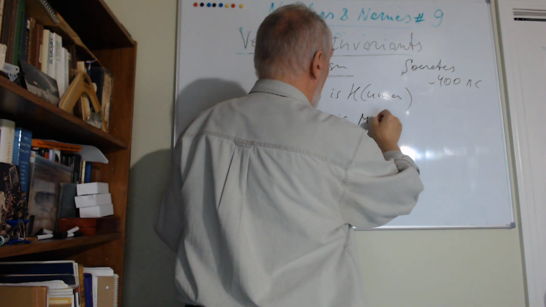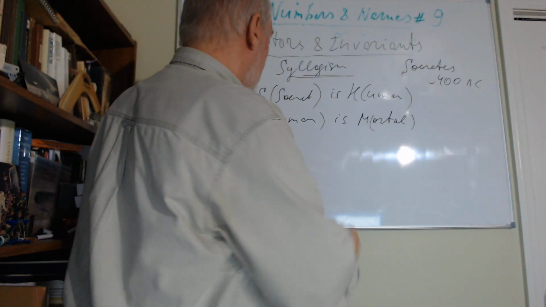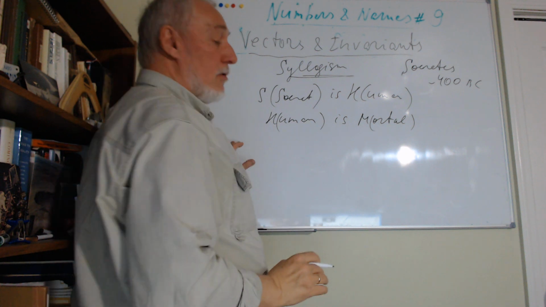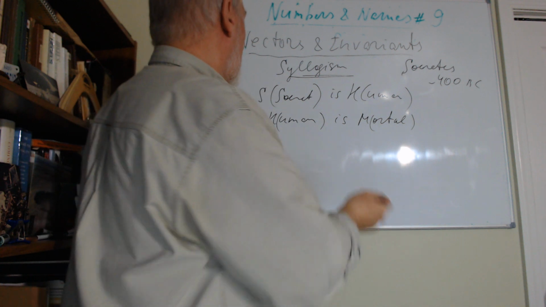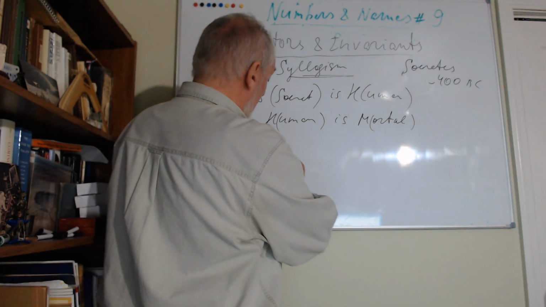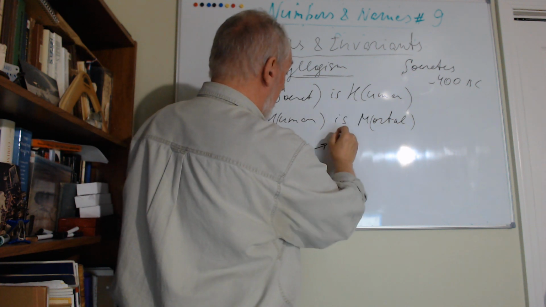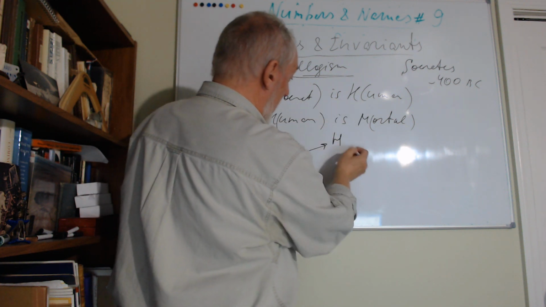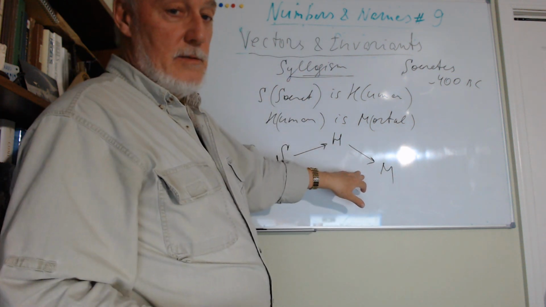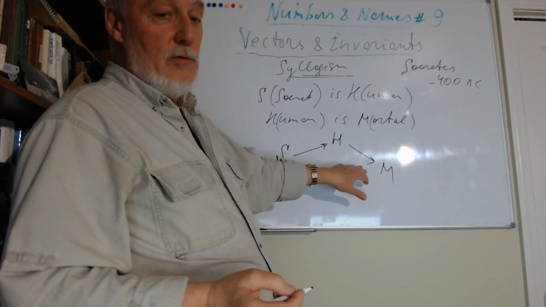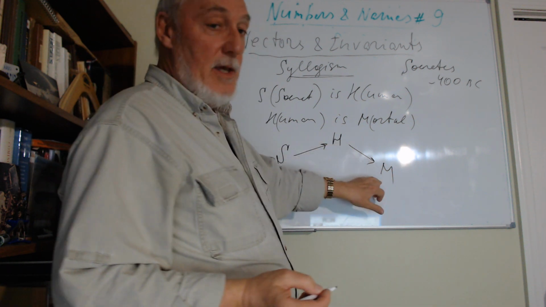Human is mortal, so she dies sometime, any human. So Socrates is human, and human is mortal. We have two things. They look like vectors: they're oriented and they're pairs.